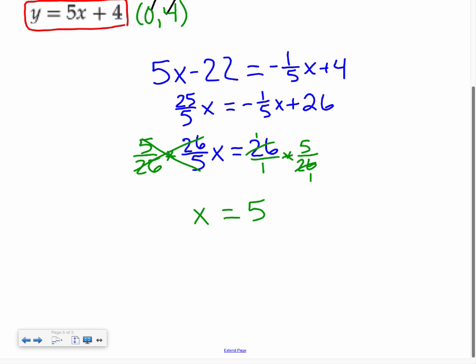Then if I plug my x value into my perpendicular line, I can find out what our y value is. So I have y equals negative 1/5 times 5 plus 4.